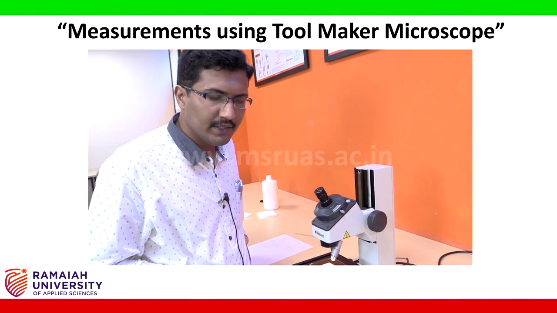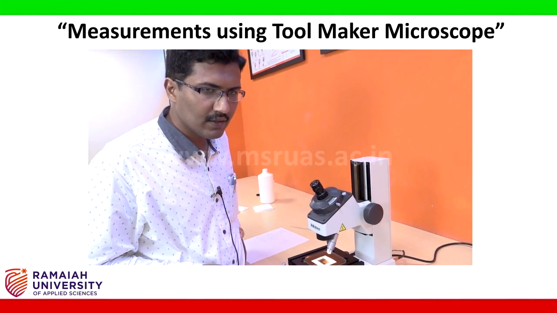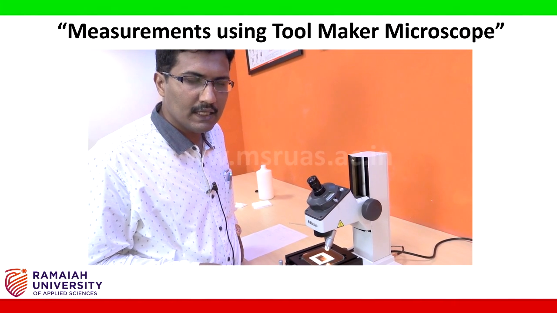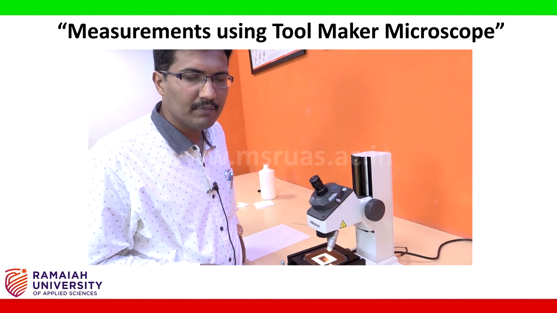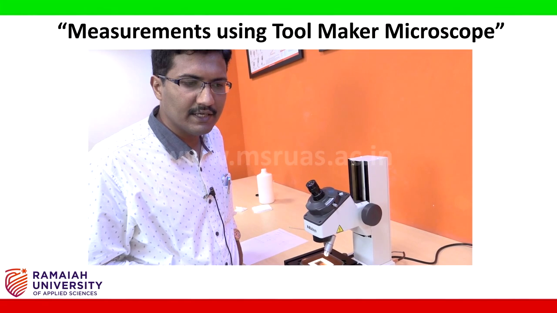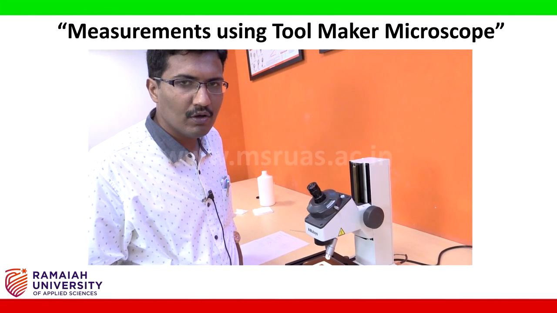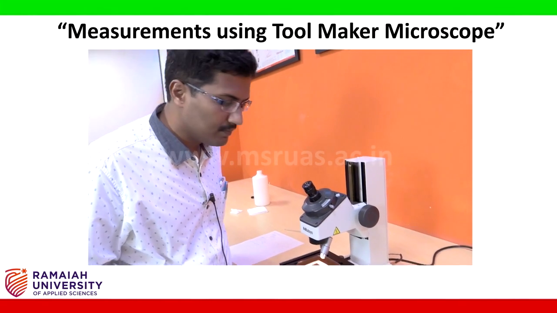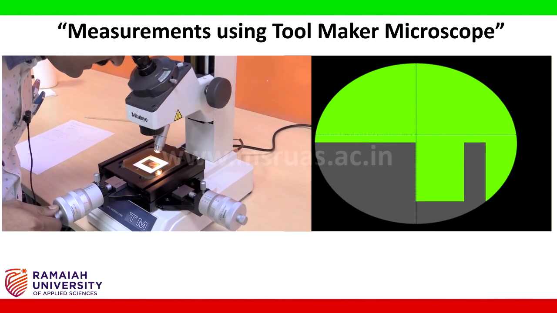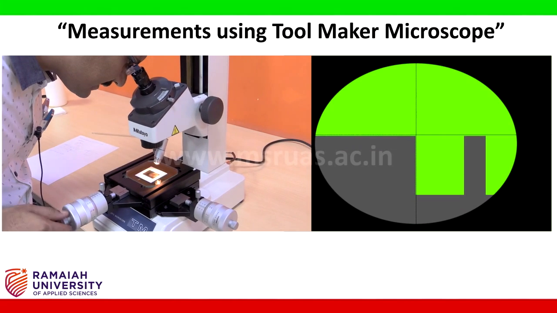Now I am moving the y-axis to the other end of the groove and then I will see the reading in the micrometer head. The difference between the initial and the final reading gives us the depth of the groove. I am moving the micrometer head in the y-axis.